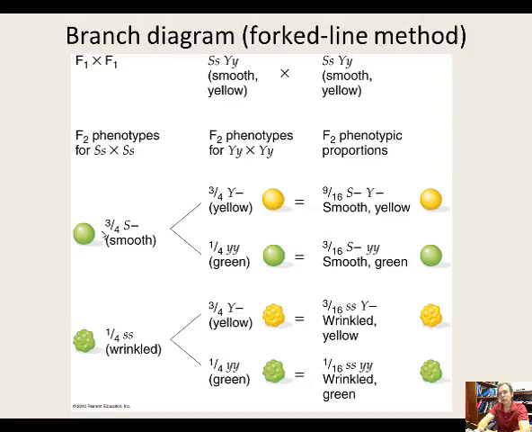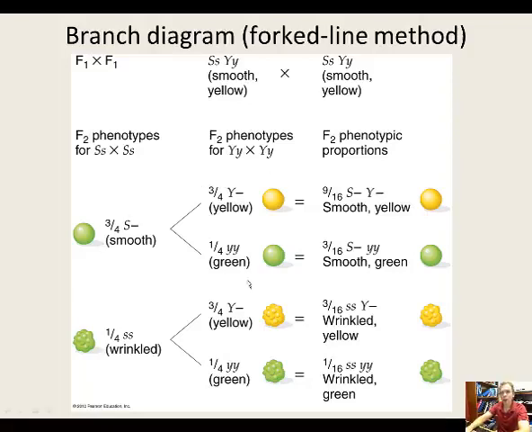Whenever you use the word and, when you're talking about probability, you are multiplying. You want to know how many are smooth and yellow. So you multiply 3/4 that are smooth times 3/4 that are yellow for 9/16 that are smooth and yellow. The genotype here is shown big S with a dash and big Y with a dash. We don't really care about the genotypes in this situation. We just want to know what the phenotype ratios are.